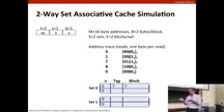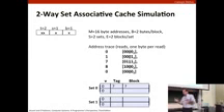That's the motivation for blocks. Because by the principle of locality, and spatial locality in particular, if you reference a word inside of a block, chances are you're going to reference a nearby word, which will also be in that block. So the whole purpose of blocks is to exploit spatial locality.